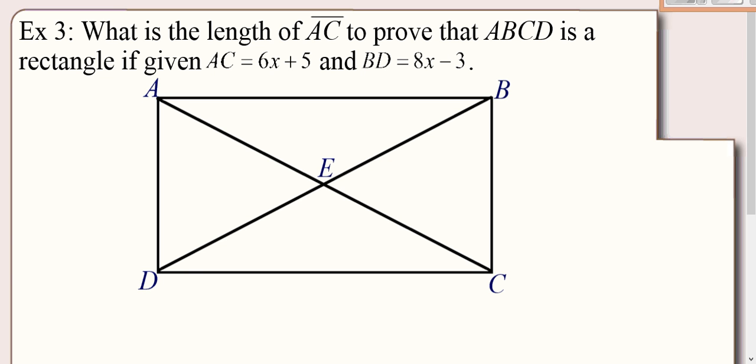What's the length of AC to prove ABCD is a rectangle? Given AC is 6x plus 5, that's the entire diagonal, and BD is 8x minus 3, the other diagonal.